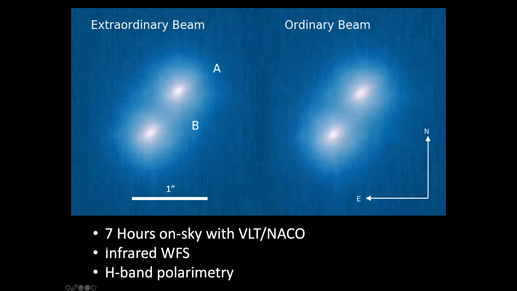In 2018, I led a program at the VLT using NACO to try and measure the polarization of A and B, taking advantage of the infrared wavefront sensor to separate the two objects that have an orbital separation on average about 1 arcsecond, using the H-band polarimetry mode.